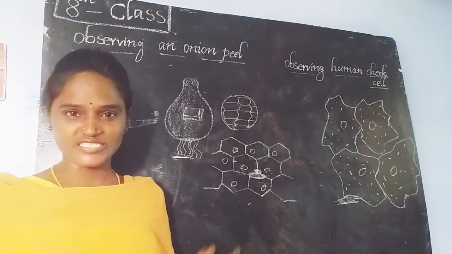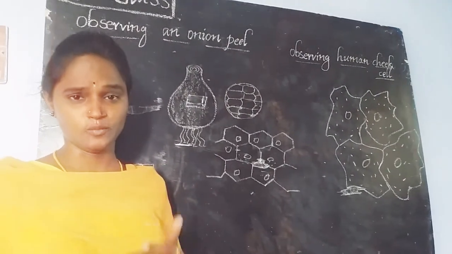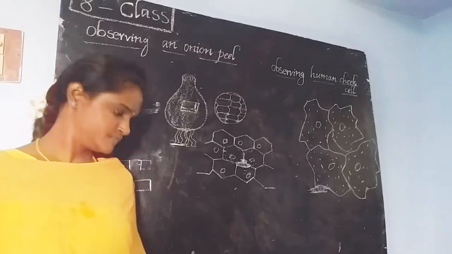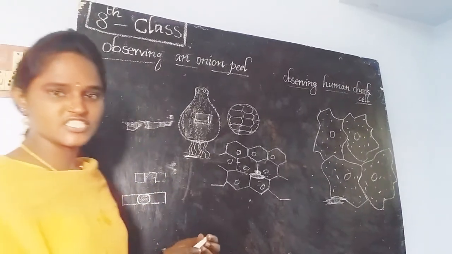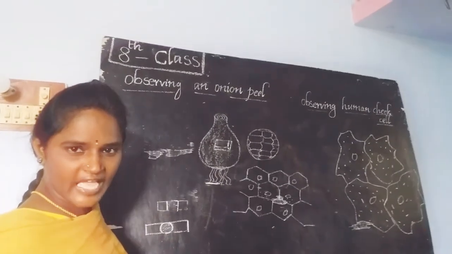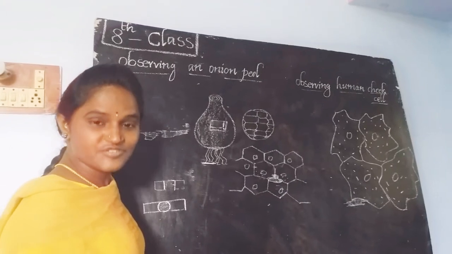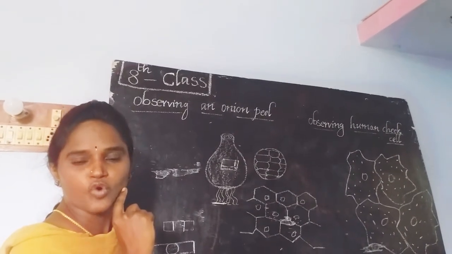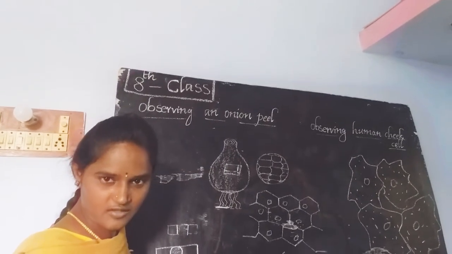Before collecting the cheek cells, first wash your mouth thoroughly and take the wooden spatula. Try to scrape the inner walls of your cheek, not the outer walls.